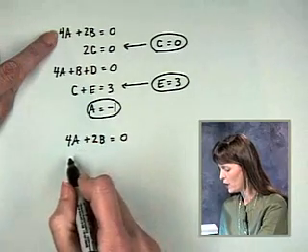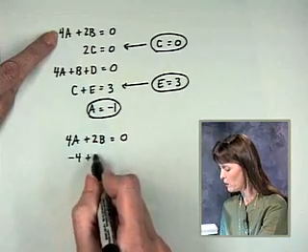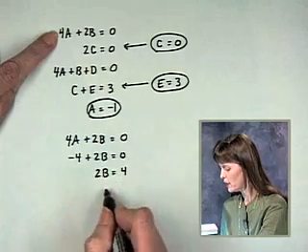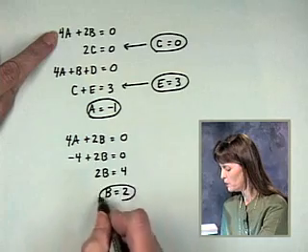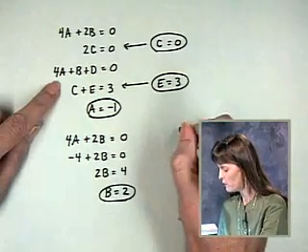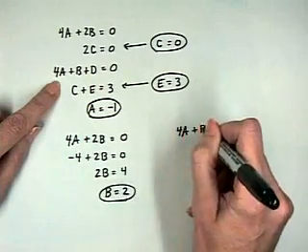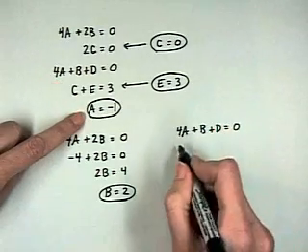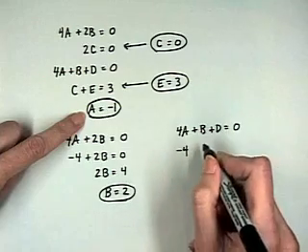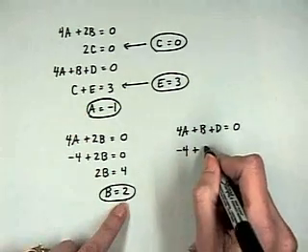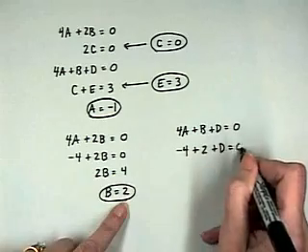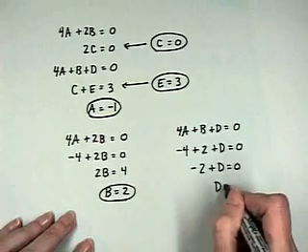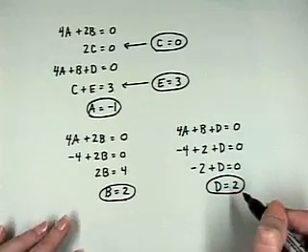Substituting in -1 for a gives us -4 plus 2b equals 0. 2b equals 4, and b equals 2. And finally, we had 4a plus b plus d equals 0. If we substitute in a -1 for a, that's -4, plus a 2 for b, plus d equal to 0, we have -2 plus d equals 0, and d must equal 2.